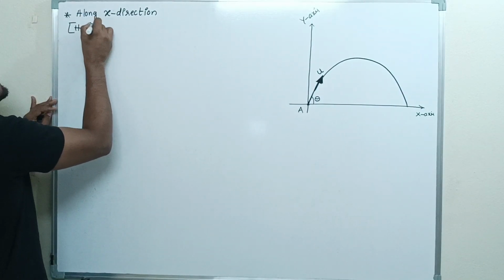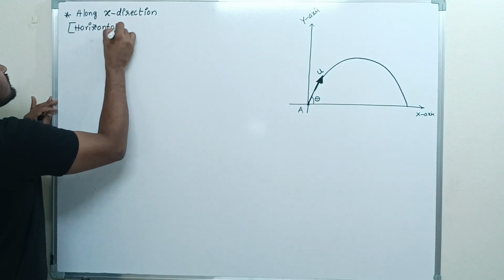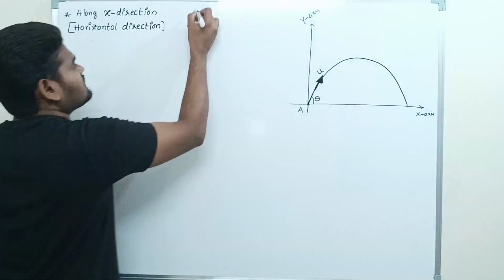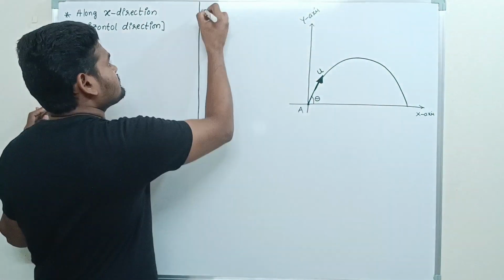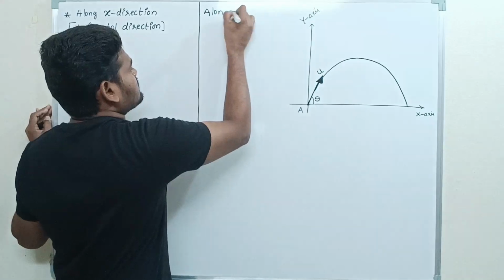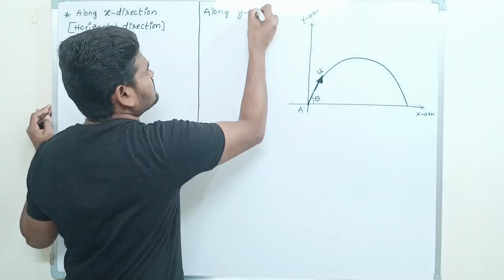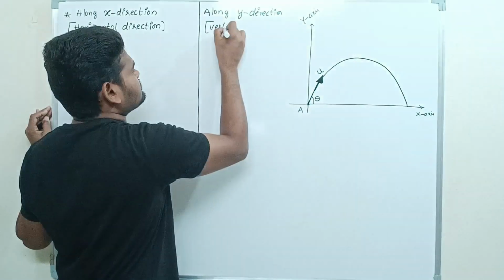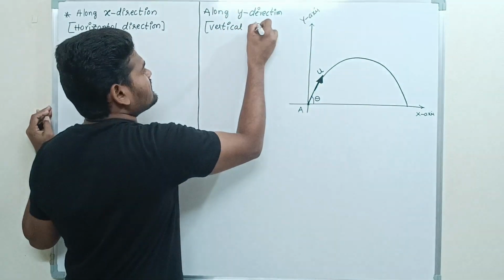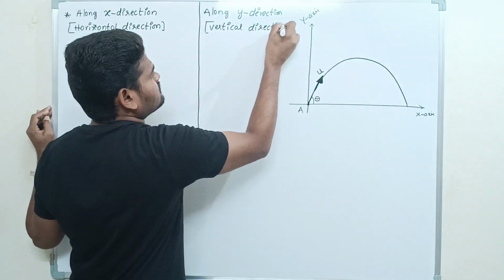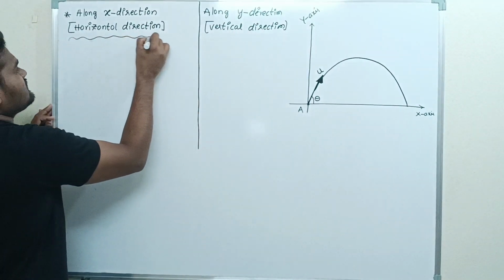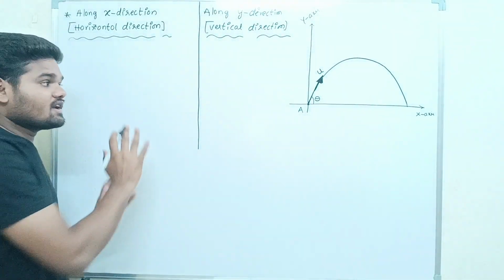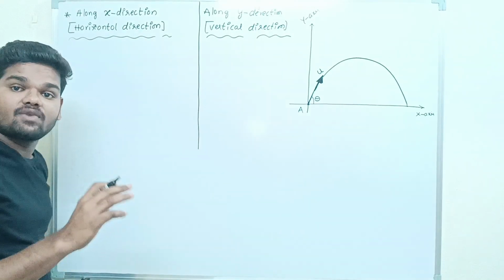Along the y direction, that means the vertical direction. Important: you must remember these quantities. If you remember these quantities, then you can do any problem easily.